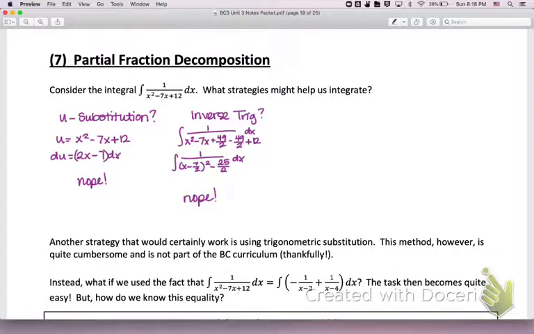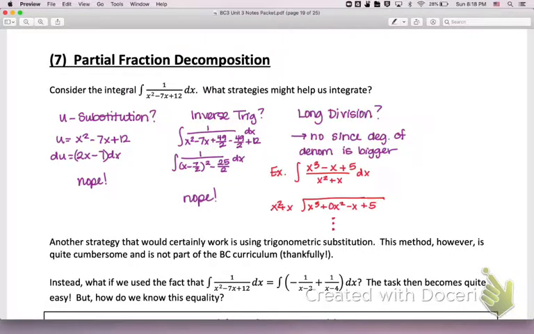The last real strategy that we have here, which is one we don't have to pull out very often, is using long division. Well, in this case, that doesn't make any sense since the degree of the denominator is bigger than the degree of the numerator. When would you want to use long division? This is something we talked about last year.